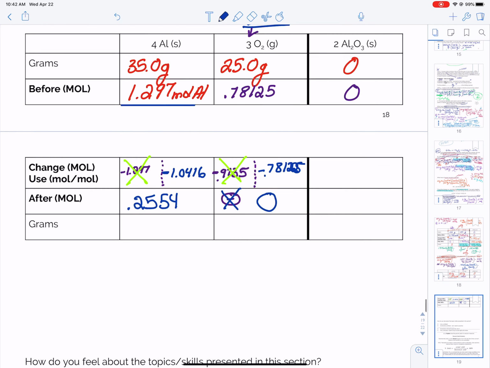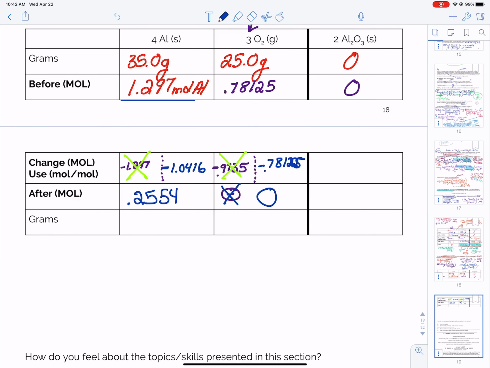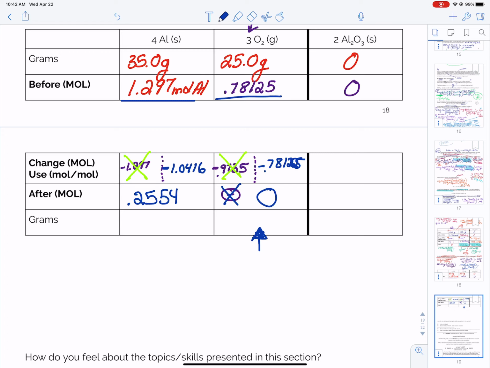Well, I'm going to need to do another stoichiometry problem here. Remember, now that the oxygen is our limiting reactant, this number of moles of oxygen is how much is going to be used. So 0.78125 moles of oxygen. And again, according to the coefficients from the balanced chemical equation, 2 moles of Al2O3 will be used for every 3 moles of O2.